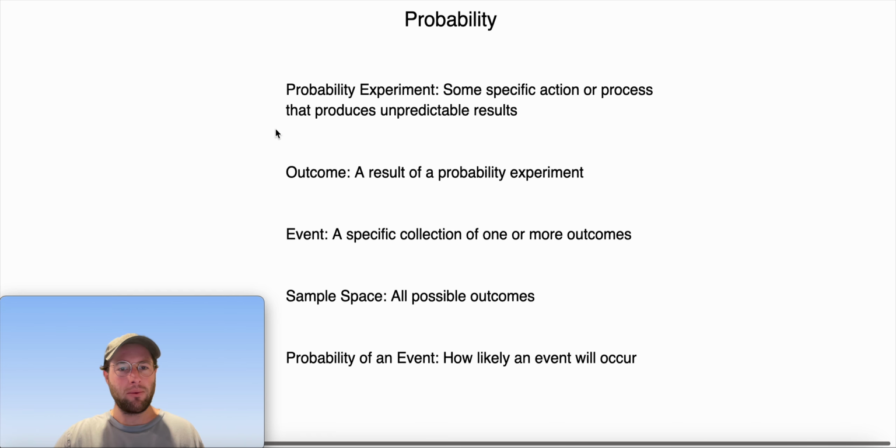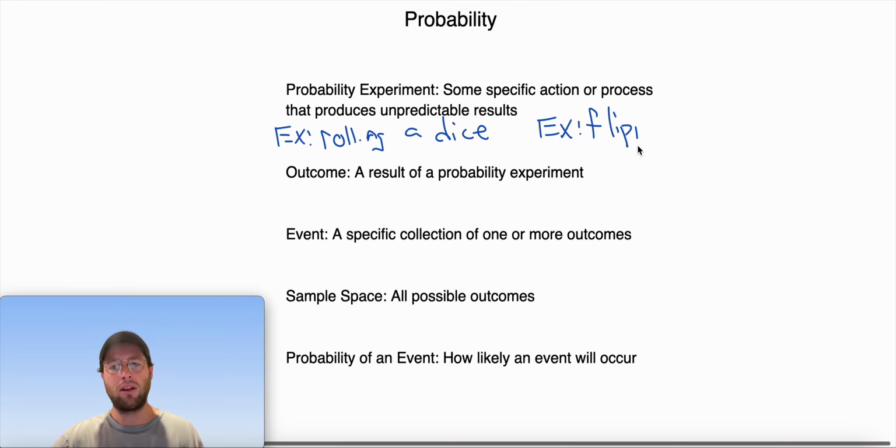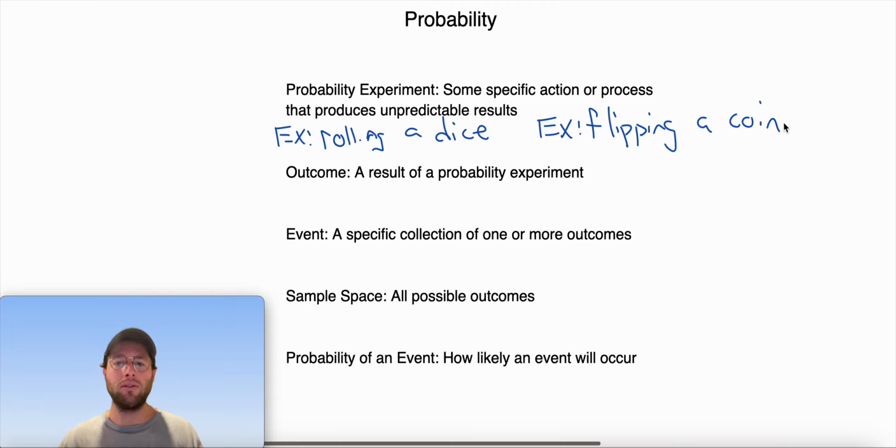An example would be something like rolling a dice, or another example would be flipping a coin. Each of these are specific actions or processes that produce unpredictable results.